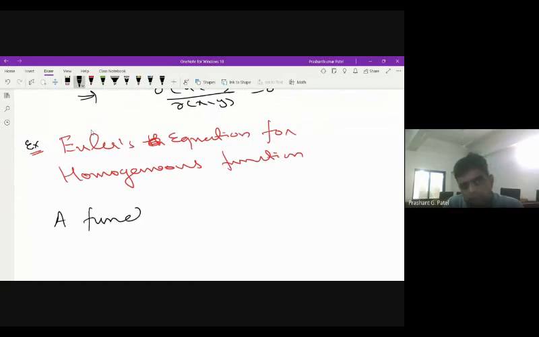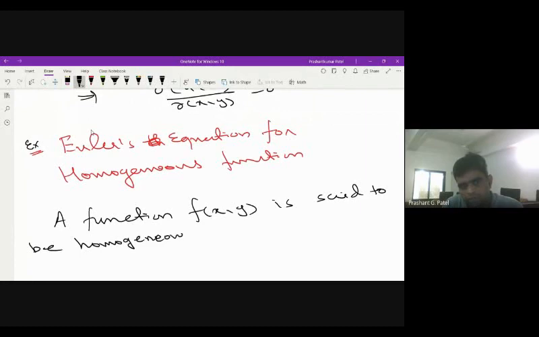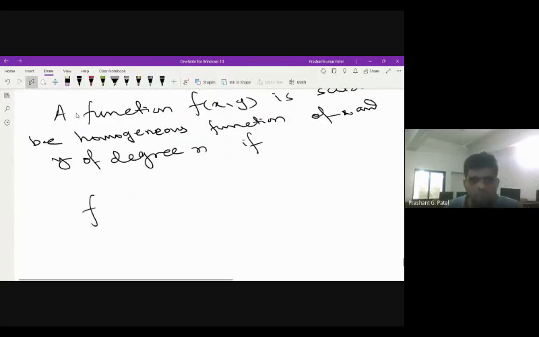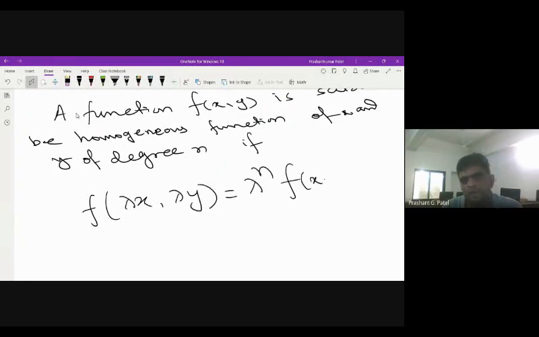A function f of x, y is said to be a homogeneous function of x and y of degree n if it satisfies this equation, that is f of lambda x, lambda y is equal to lambda power n f of x, y for any lambda and for any x, y in the domain.